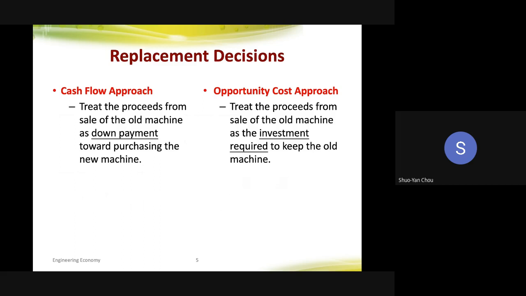So there are two approaches, and these two approaches are identical. It's just that for engineering economic analysis, you have to have the right concept. You cannot just say, "Oh, I want to put this cash flow here, or I want to put it there."